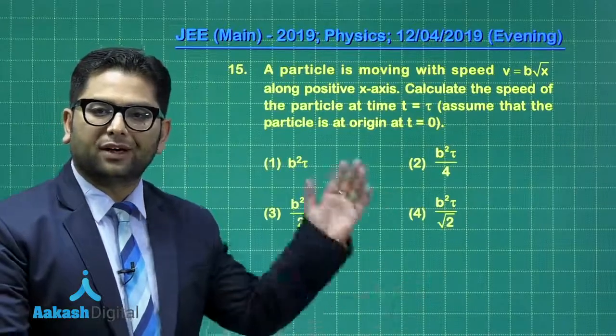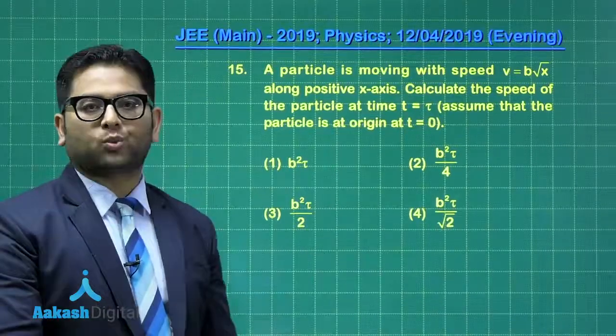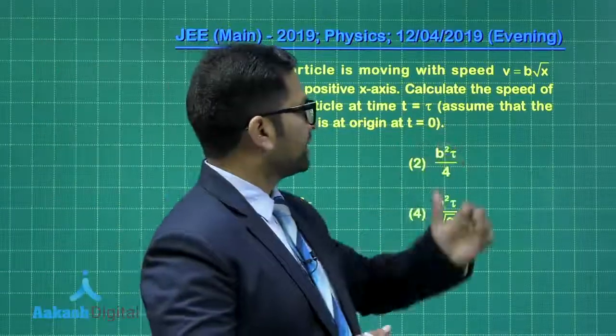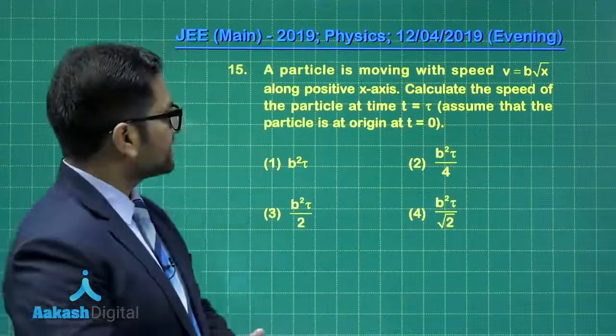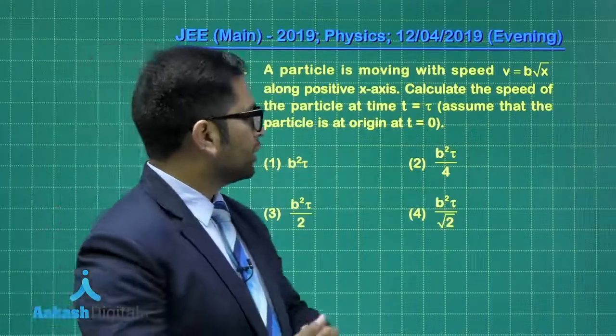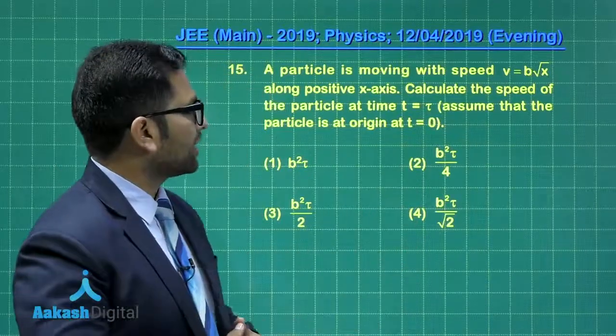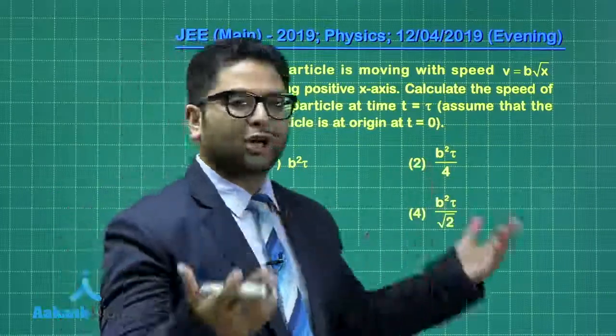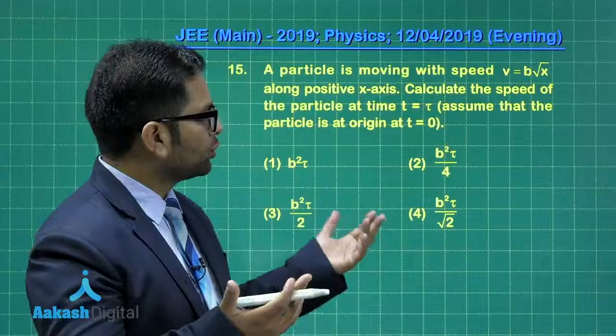Question number 15, a straightforward one from kinematics. It says that a particle is moving with speed v equals b under root x along positive x-axis. We need to calculate the speed of the particle at time t equals tau. One way of solving this is, you do it by integration and all those things.